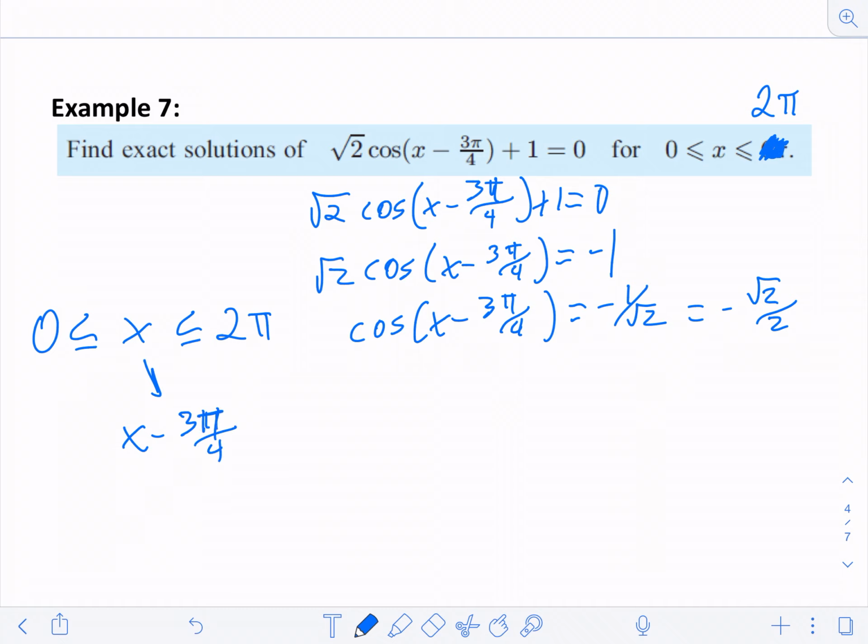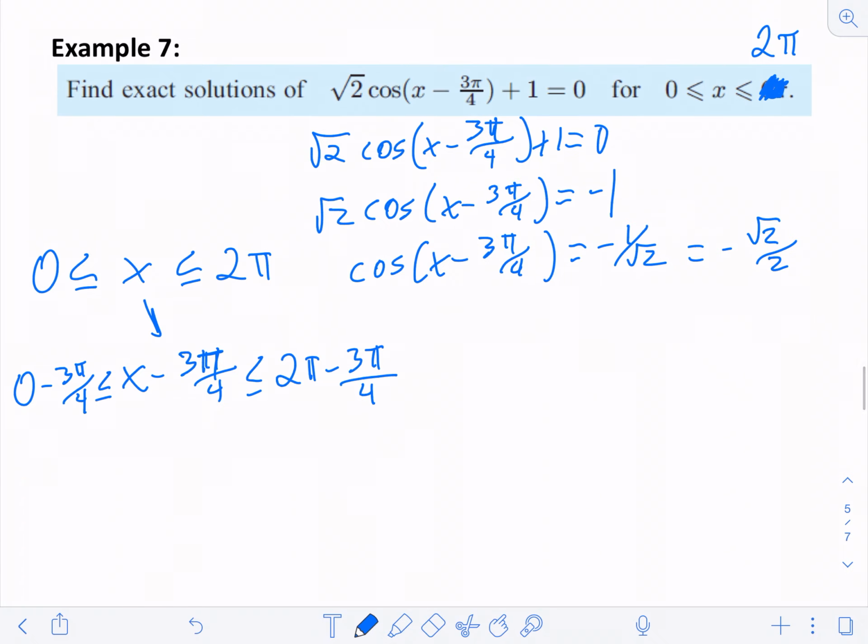So because it's 3 pi over 4, I have to subtract 3 pi over 4 from the 2 pi, and I have to subtract 3 pi over 4 from the 0. So what does that change my range to? My domain is going to be negative 3 pi over 4 is less than or equal to x, which is less than or equal to 2 pi minus 3 pi over 4, which is 5 pi over 4. So that's going to be the values I'm going to look for.